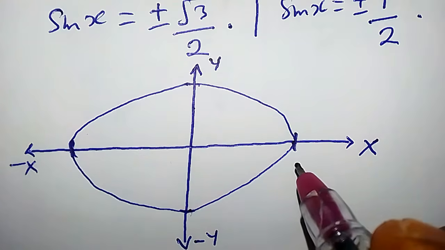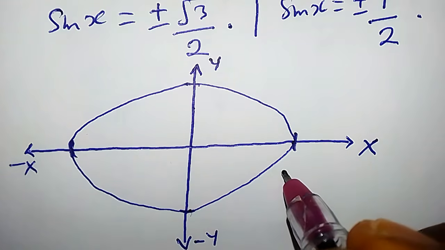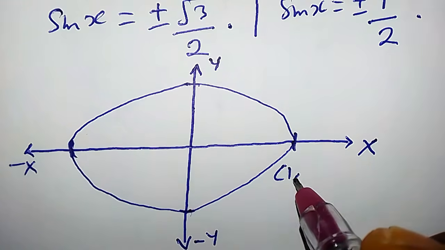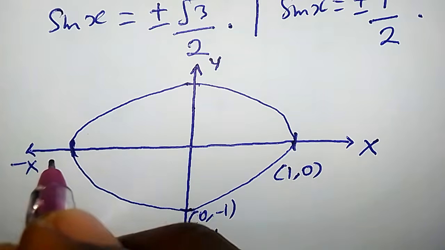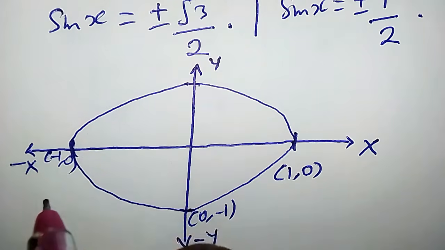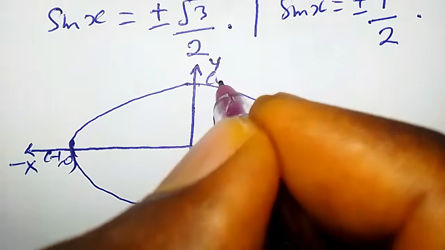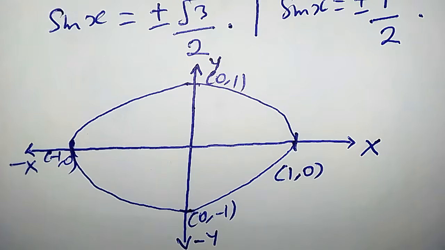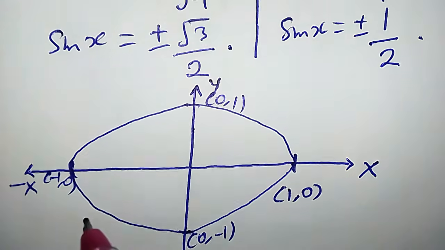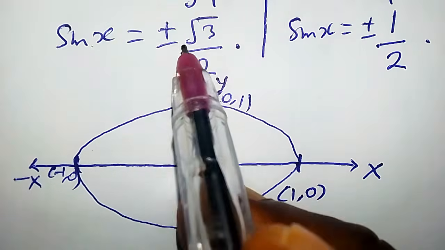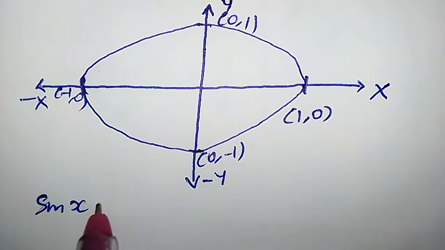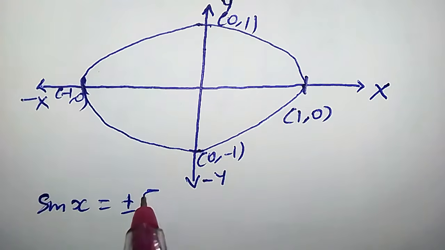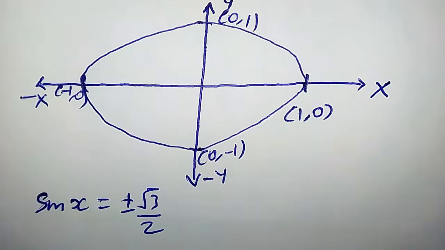Since we are dealing with a unit circle, this point has a coordinate of 1, 0, and this coordinate is 0, negative 1. This coordinate is minus 1, 0, and this coordinate is 0, 1. Now, let us first consider sine x equal to plus or minus root 3 divided by 2.